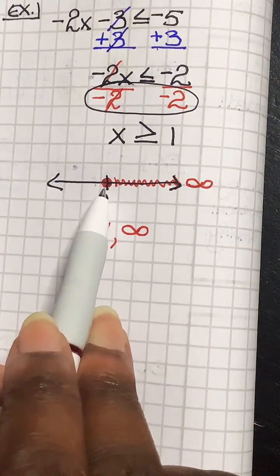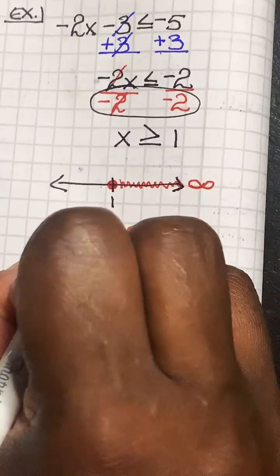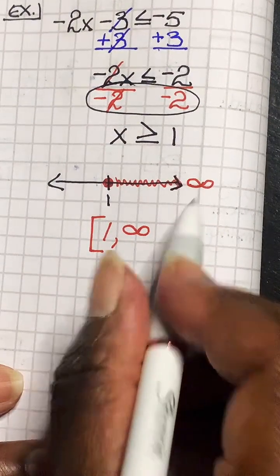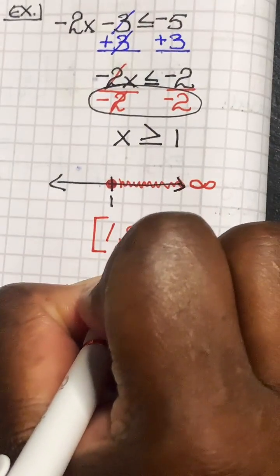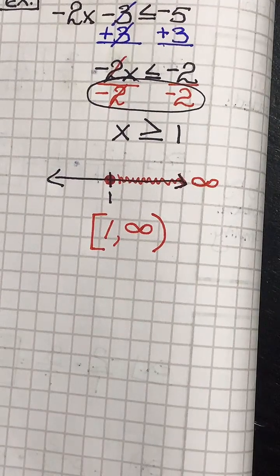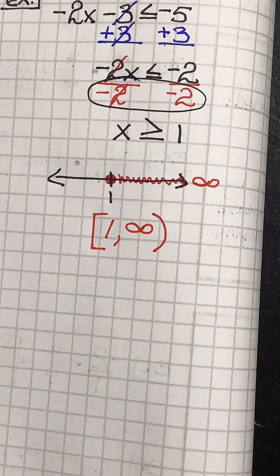Since it is a dot, we're including the 1, so it's going to be a bracket. And infinity always gets a parenthesis, no matter if it's positive or negative.